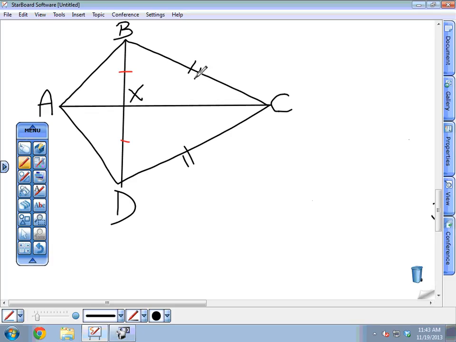And it wants to prove that angle BAC is congruent to angle DAC. So, let's see. BAC is right here, and DAC is right here.